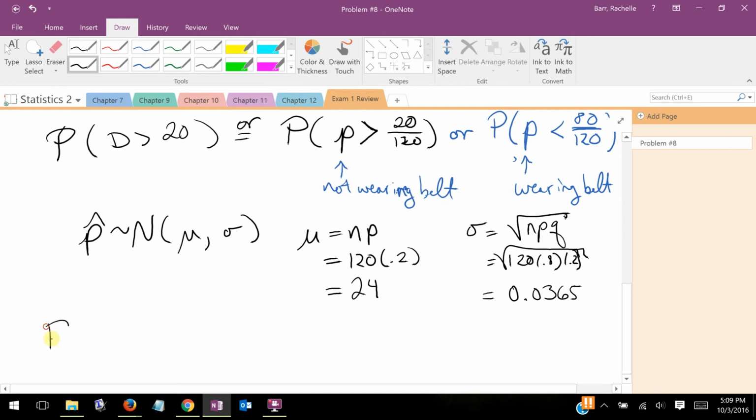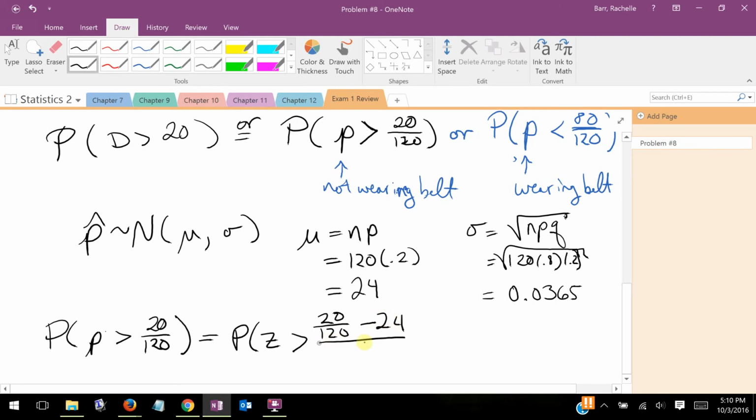Next I need to take that probability statement I have up above and rewrite it down here. The probability that my proportion, oh, I didn't need a hat there, because it's about a population and I'm not doing that, is greater than 20 out of 120. If I transfer that into a z, I'm looking at the proportion I'm interested in minus my mean, 24, divided by my standard deviation, 0.0365, which is equal to 20 divided by 120 minus, oh, that's not my success.